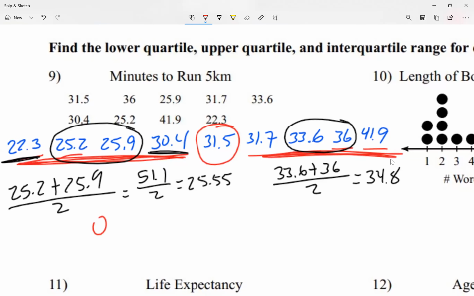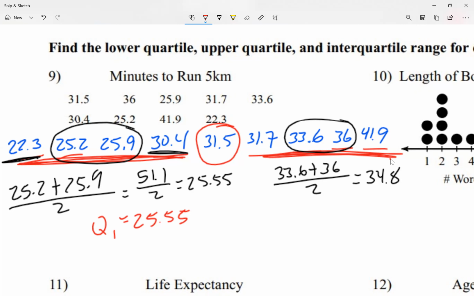quartile 1. Sometimes we call it quartile 1, sometimes we call it lower quartile. Now, quartile 1 in this case is going to be 25.55. Quartile 1 or the lower quartile is basically the median of the lower half.